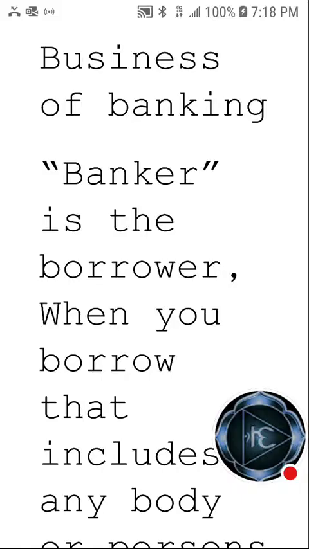Okay, I'm seeing it in different ways because you have to understand the concept, and seeing it forwards and backwards helps with that. The business of banking is dual accounting. Forwards and backwards, backwards and forwards.